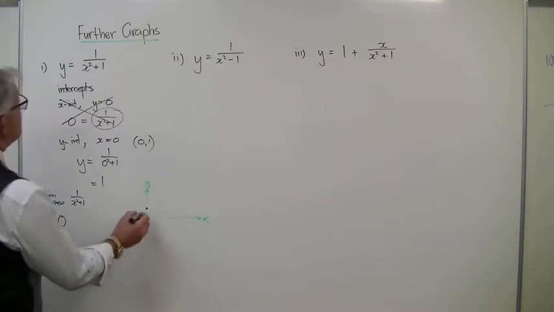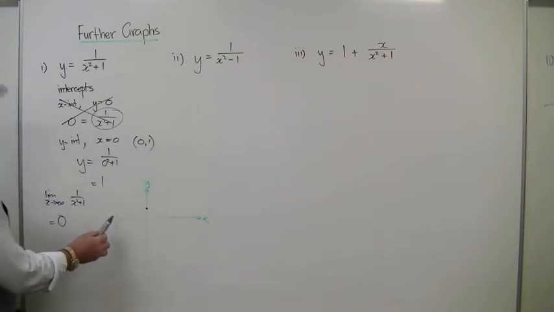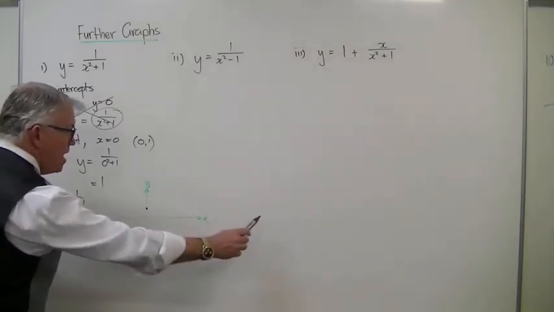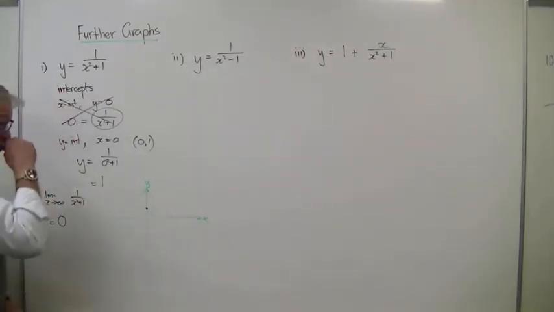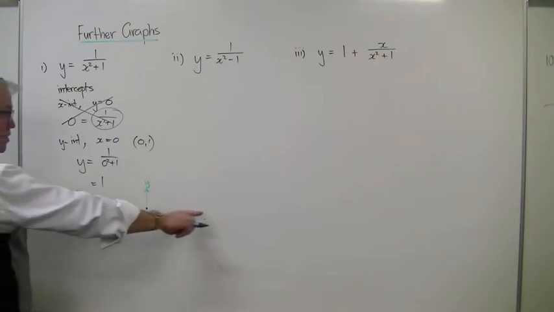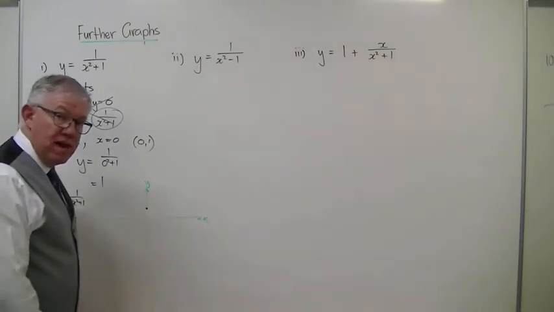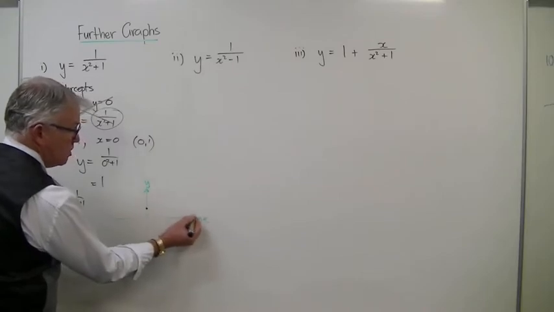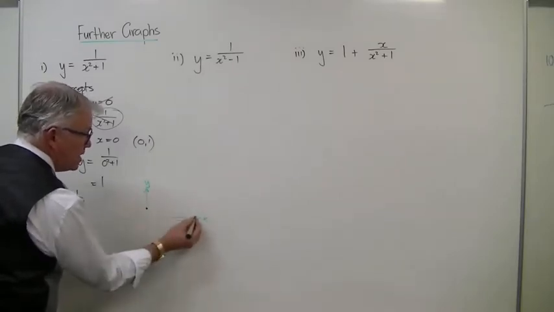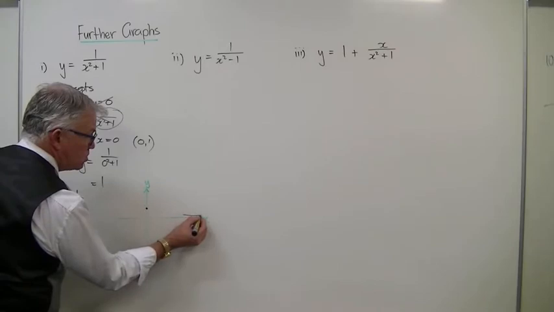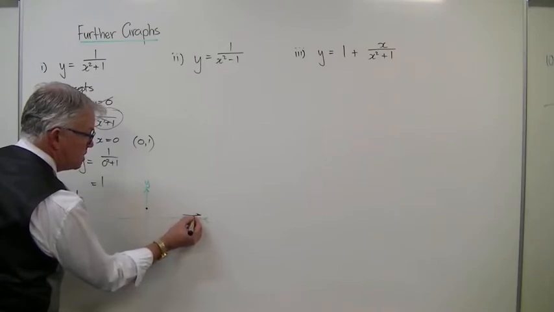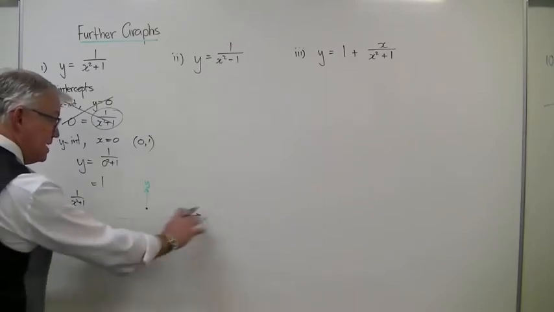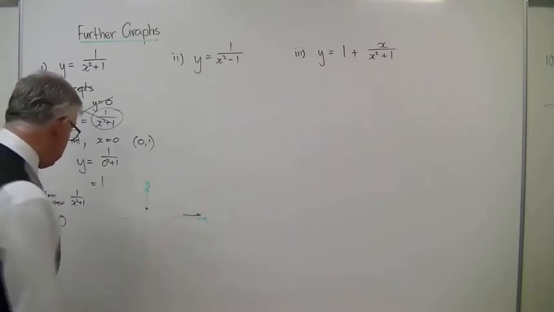We know that as we go a long way out in the direction of x, where x becomes infinitely large, it'll come down closer and closer and closer to the x-axis, but it will never quite reach the x-axis. So the x-axis is asymptotic to the curve.